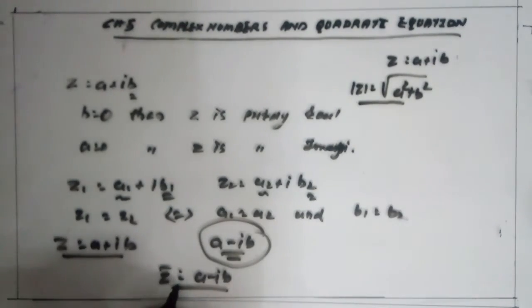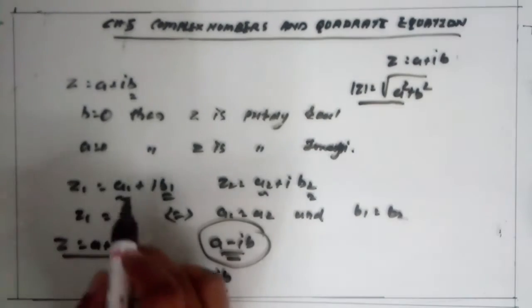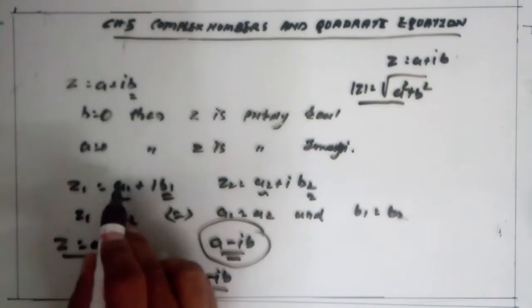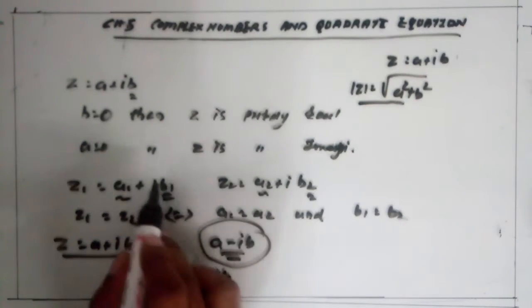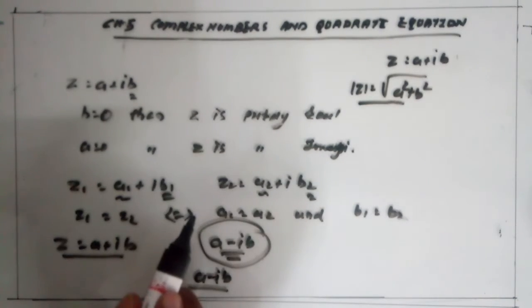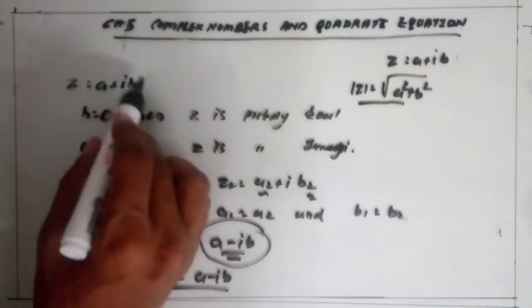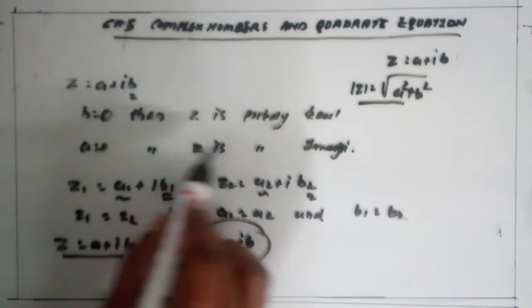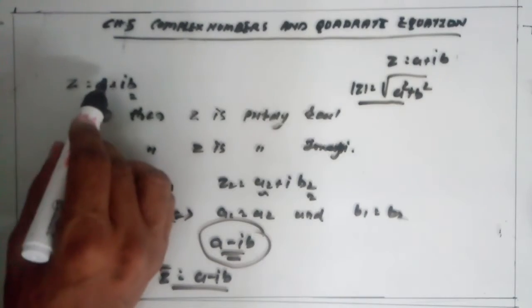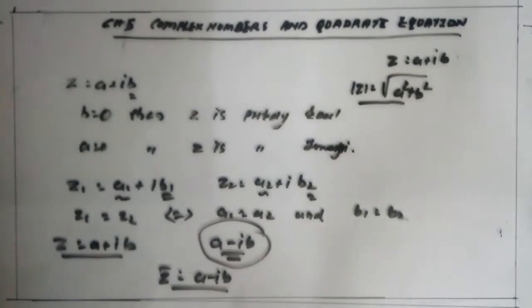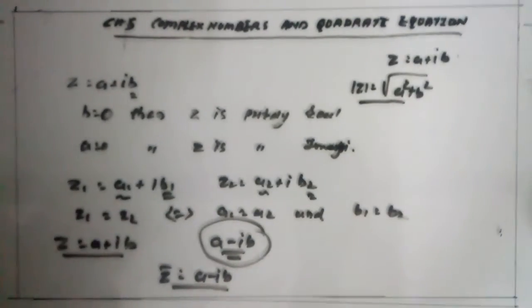Conjugate of complex number, z bar is equal to a minus ib. Two complex numbers are equal if its real part and its imaginary part are equal. Purely real, so b equal to 0. Purely imaginary, so a equal to 0. Clear this?